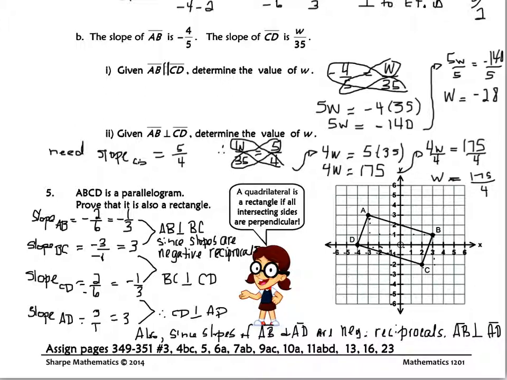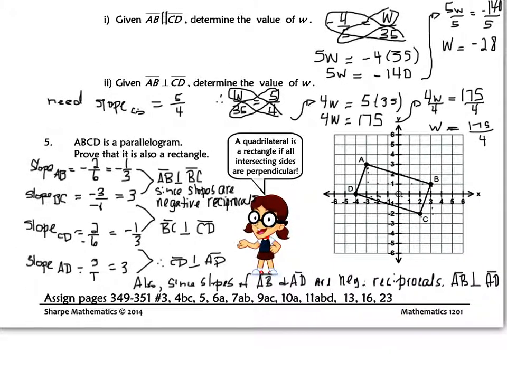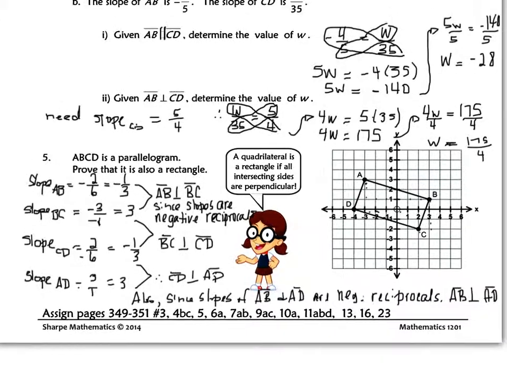I guess all those should really have line segments over them. So I just use a little tiny bit more space there.